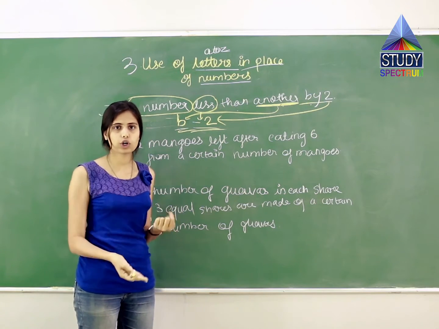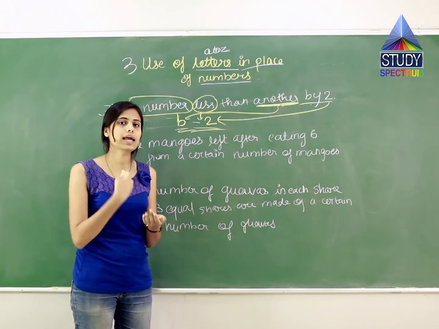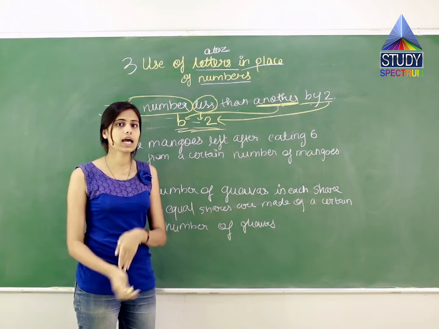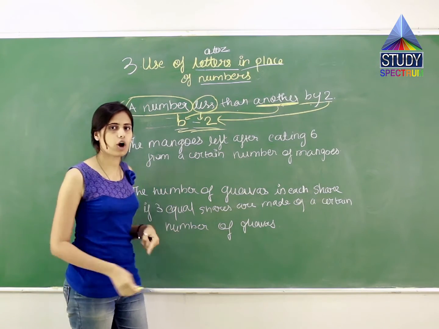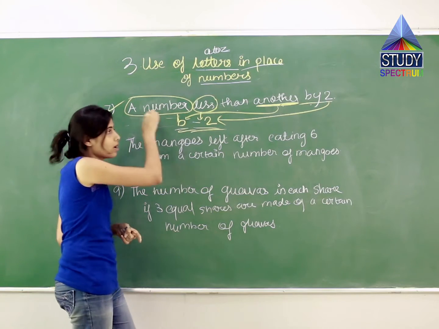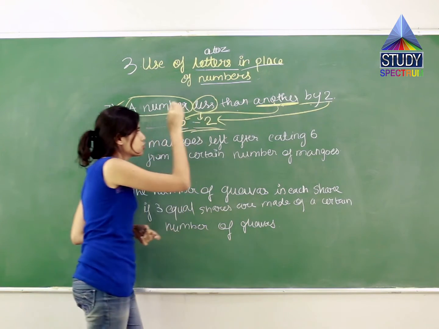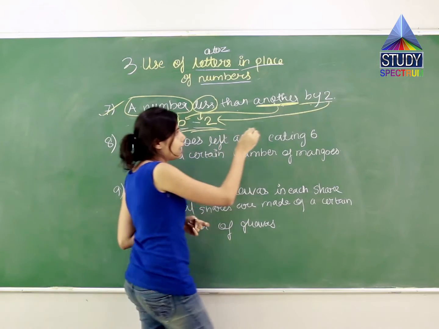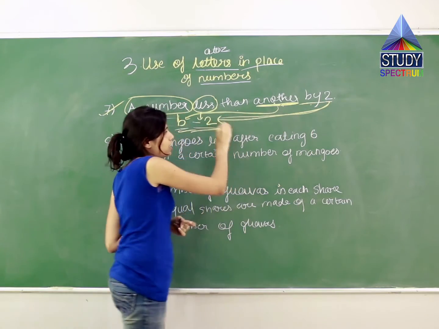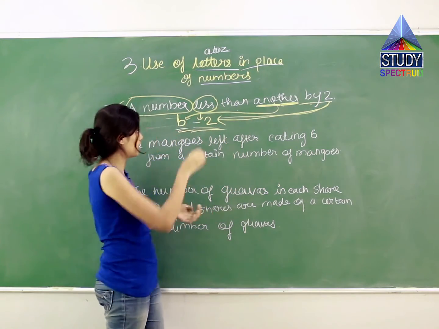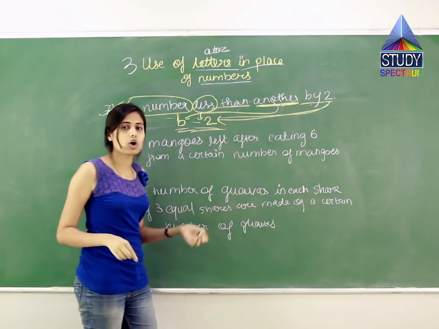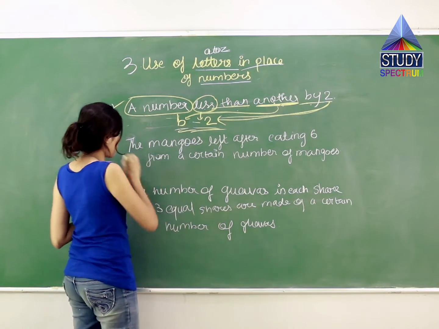So you are 2 years younger than me, so you subtract 2 from my age. So that will be the number which is your age. This number will be the another number, which I assumed over here to be b, and minus 2 because I said less than. Over here they are saying less than. So minus.